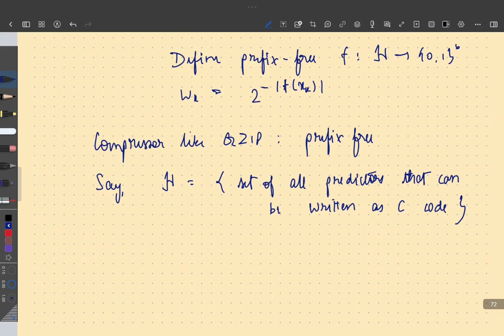Each predictor is a sequence of instructions in C which can be expressed as some kind of text file. f of h is the gzipped version of the C file that you have. And gzip has the prefix-free property. So the length of f of x is the size of the gzipped file.